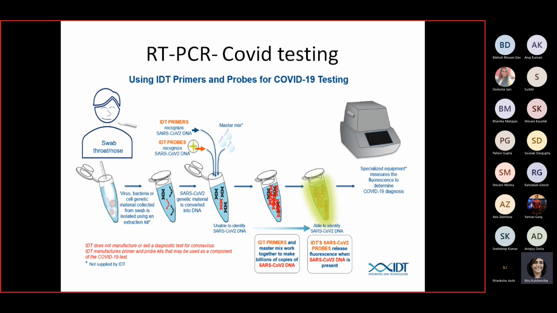Then another in diagnostics, obviously it is not always that you want to detect only the DNA. Many times you want to detect RNA. The example given here is for RNA viruses, but it's not obviously limited to that.